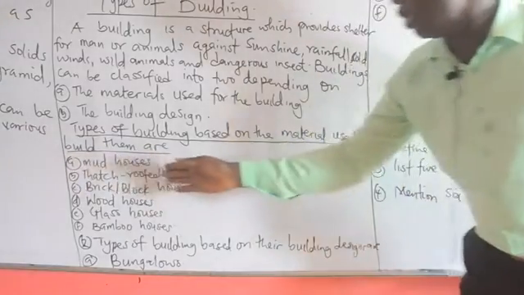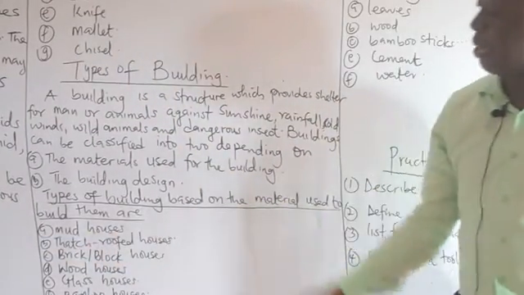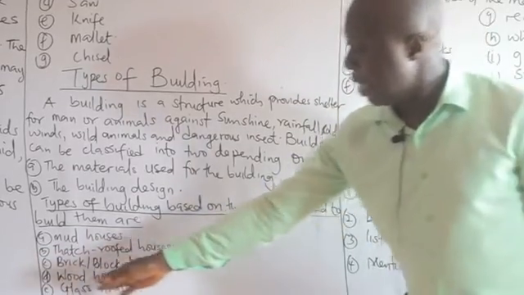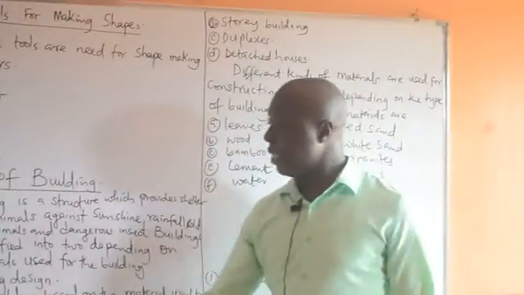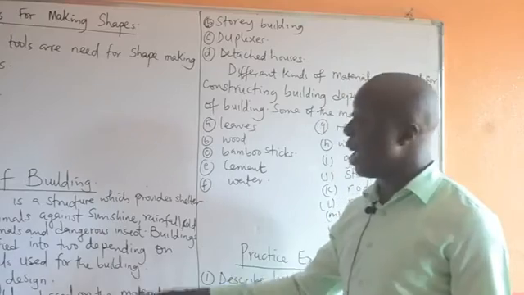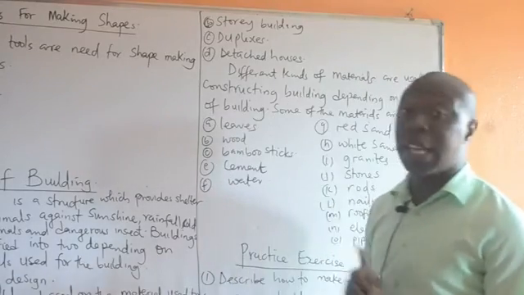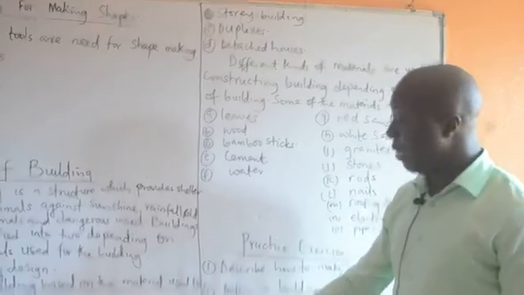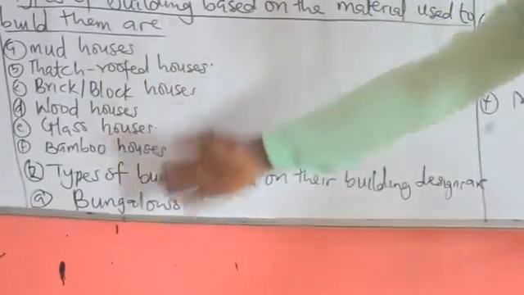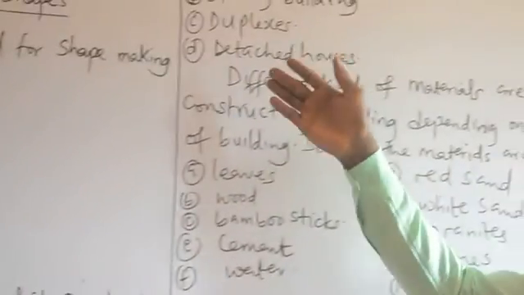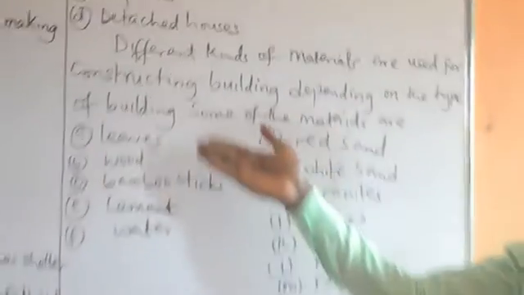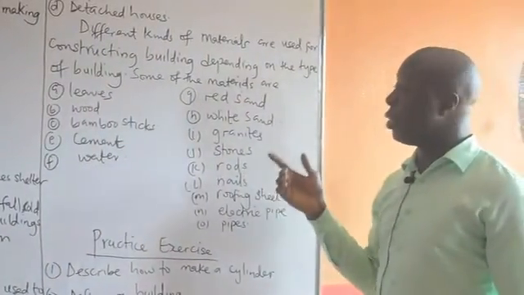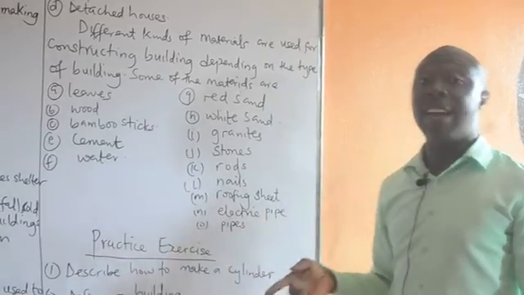Then we have thatched roof houses, brick or block houses, wood houses, glass houses, and bamboo houses, etc. Then we talked about type of building based on their building designs, which include the bungalow, the story building, the duplex, the thatched houses, etc. And some of the materials used for building include leaves, wood, bamboo sticks, cement, water, red sand, white sand, granite, stones, rods, nails, roofing sheet, etc.